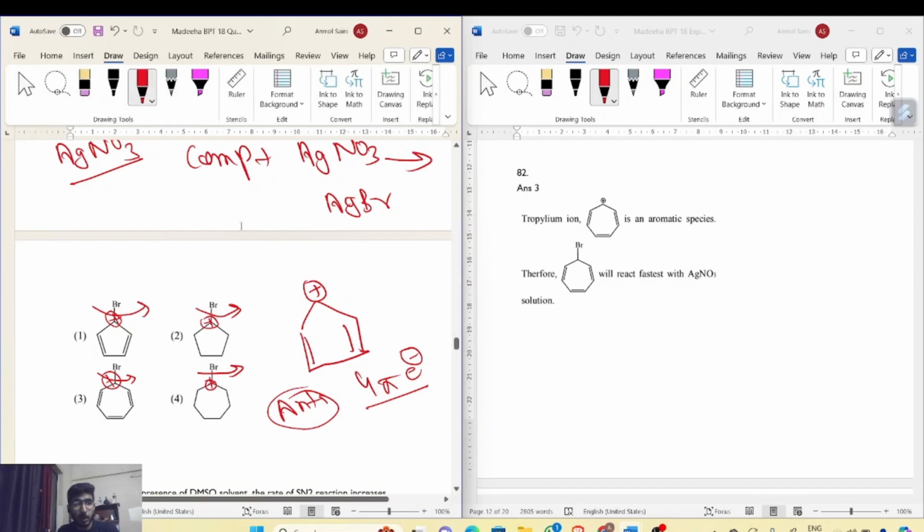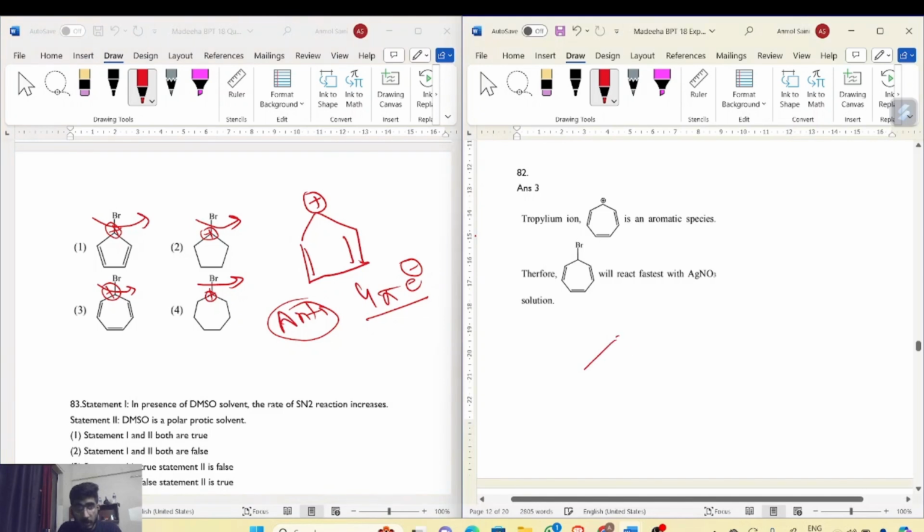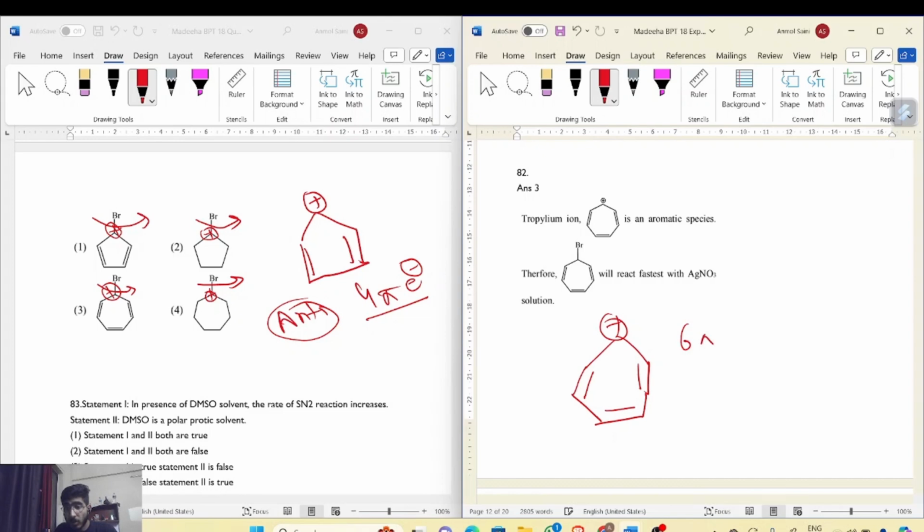Okay, non aromatic compound. And now option number C, here positive charge, one double bond here, one double bond here, and one double bond here. So this compound is also in complete conjugation, and here are 6 pi electrons. So 4n plus 2 pi electrons.